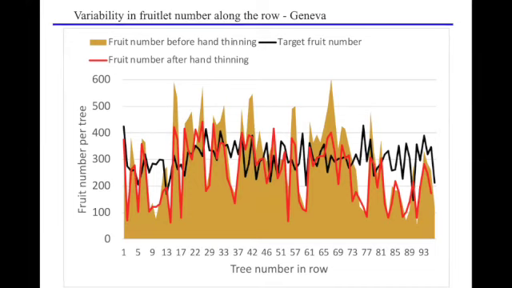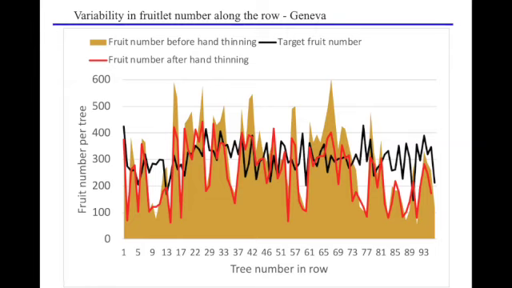The black line is the number of fruits that the tree should have had to have its optimum crop load. And so when you compare the gold to the black line, there are several trees that still have more fruit than they should have, but there's also some trees that have way fewer fruits than they should have had. And this is a consequence of chemically thinning everything uniformly. Now, maybe on average, we ended up fairly close, but it still was not that good.